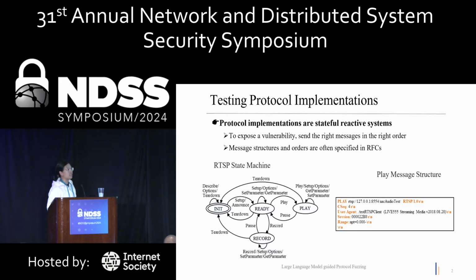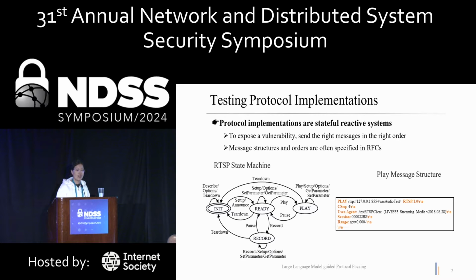So you can imagine that for testing tools, even automatic ones, if they don't have knowledge about the state machine information and the message structure information, it is very hard to generate the right messages in the right order. Unfortunately, this information is often documented in the RFC documents.